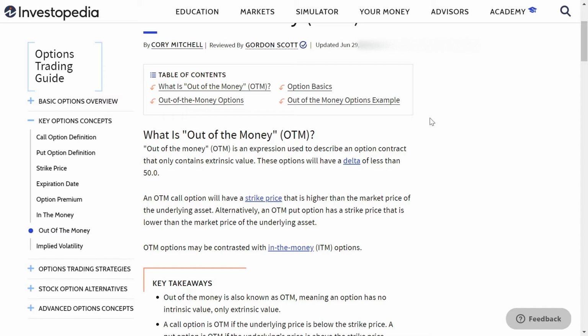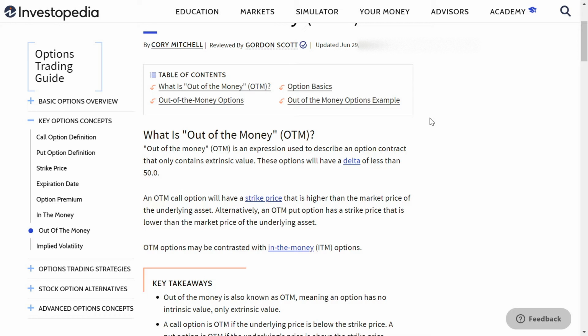I don't know if this is clear to you guys or not. Can be a little bit complicated. You might want to re-listen a few times and maybe cross-reference some other examples and things like that. But you got in the money, which is intrinsic value. You have out of the money, which has no intrinsic value. But in the money, out of the money, and at the money can all have extrinsic value, which is based on the implied volatility and based on the previous Greeks that I mentioned, like gamma and rho and all those kind of things.